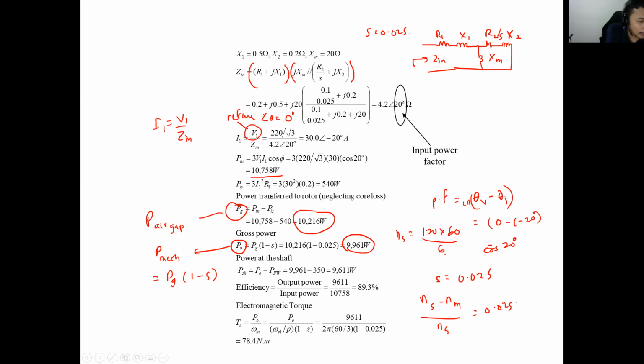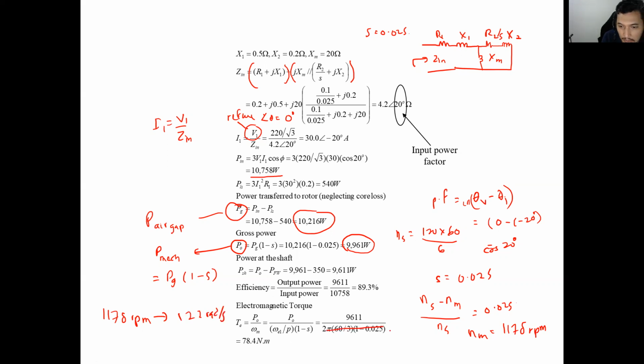So 120 times 60 over 6 is 1200. Then multiply with 0.025, so your motor speed is actually 1178 RPM. 1178 RPM, multiplied with 2 pi over 60, is around 122 radian per second.